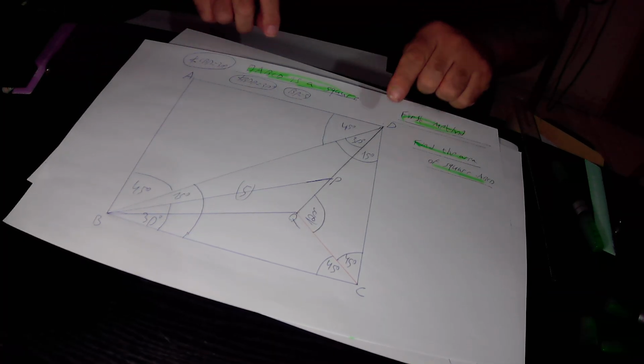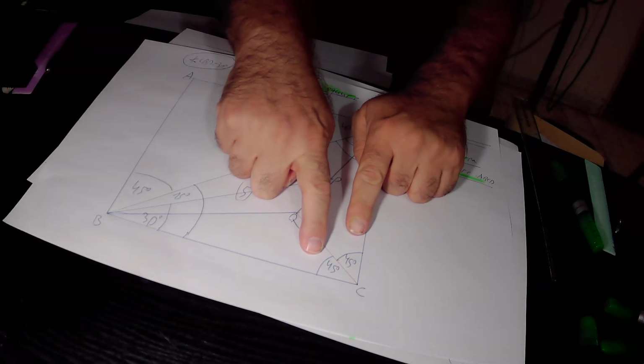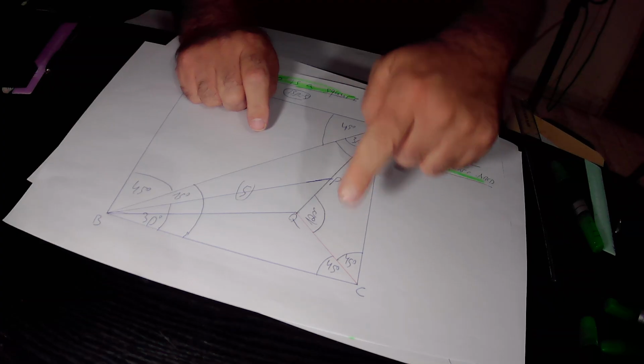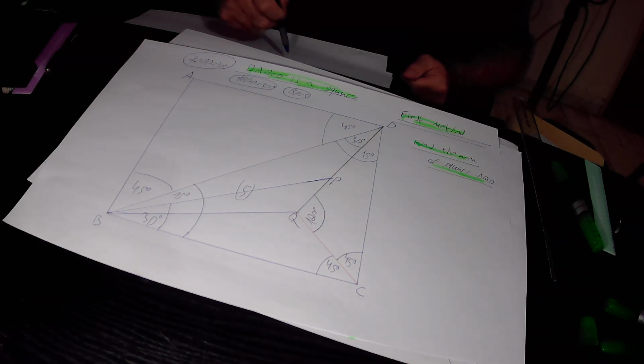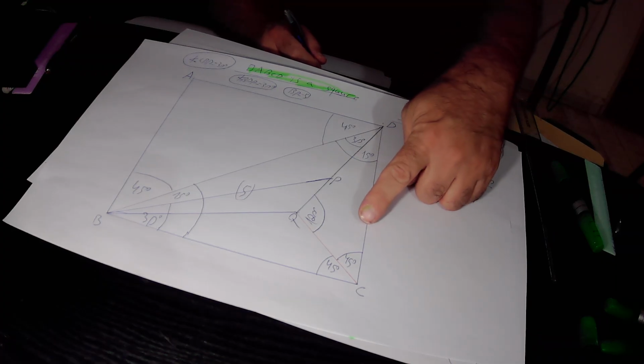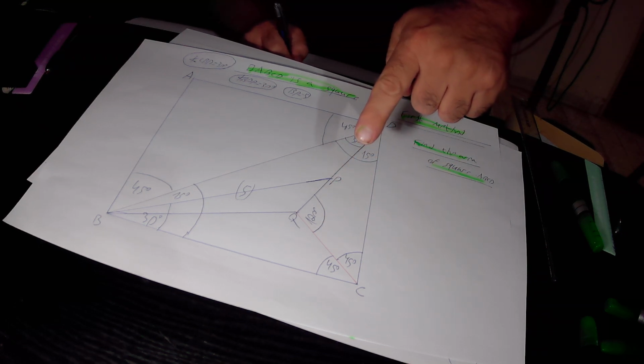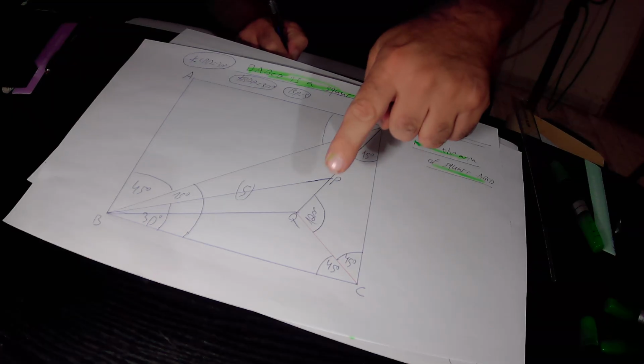In addition, those two angles are both equal to 45 degrees and therefore they are equal to each other. So okay, this is angle BCQ. This is angle DCQ of triangle DCQ, and it equals this angle, the angle BCQ of triangle BCQ.